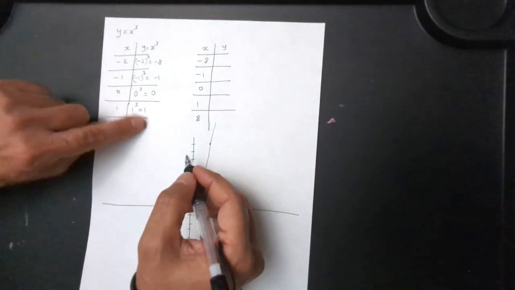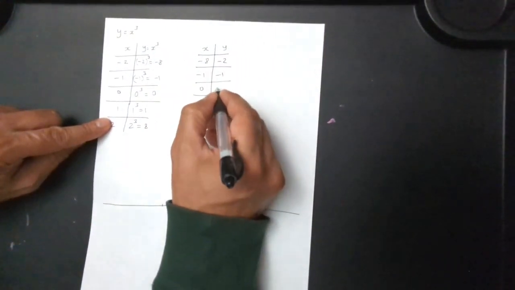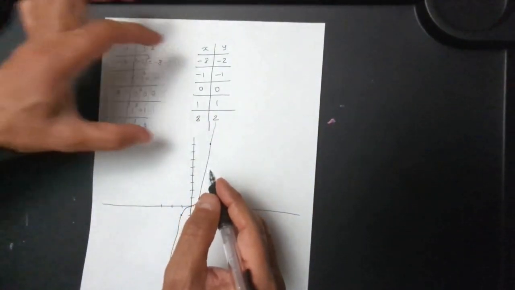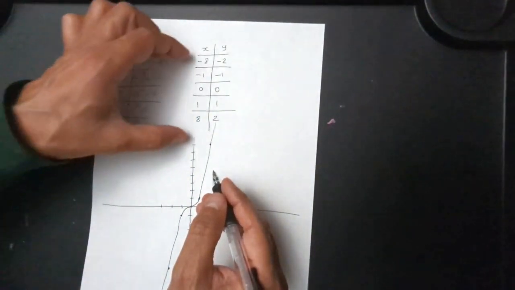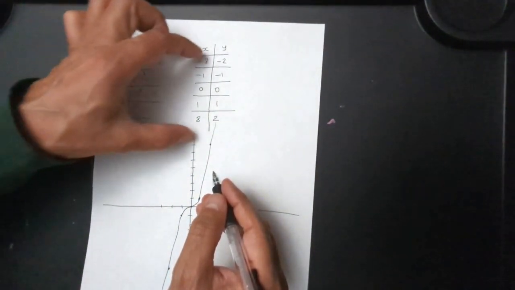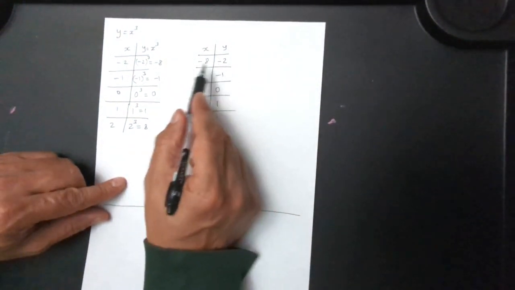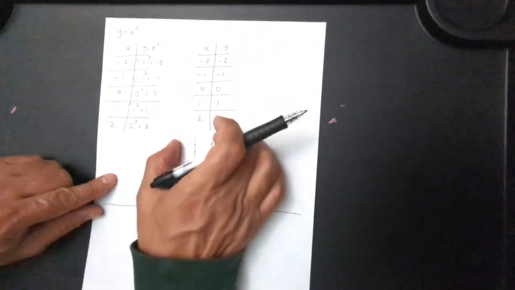These values get mapped to these values. So -2, -1, 0, 1, and 2. Right? This is the x column, appears as the y column here, and the y column here appears as the x column here. So this is the inverse of this function. This is one way to write the inverse.